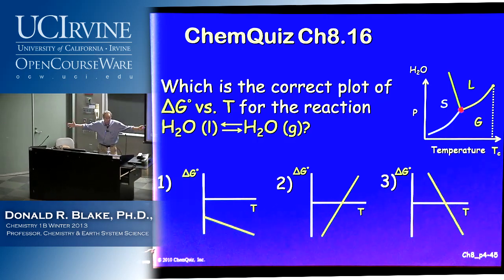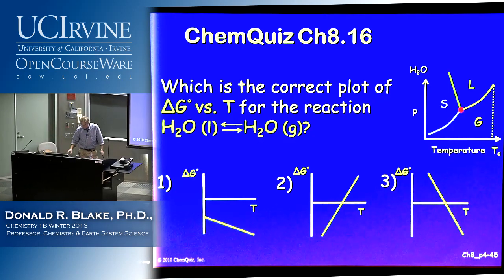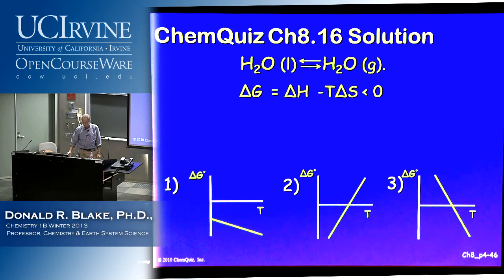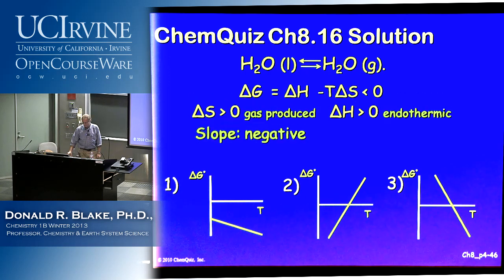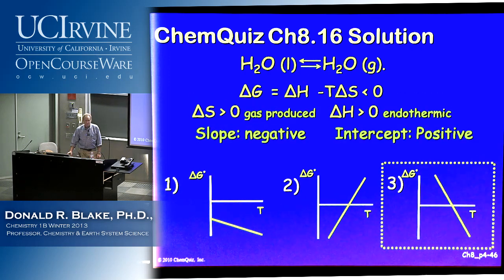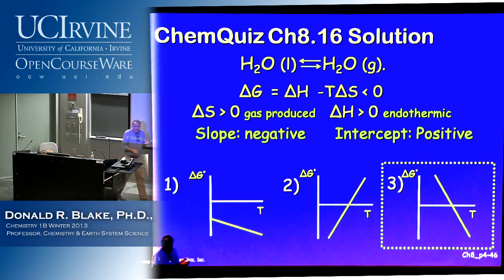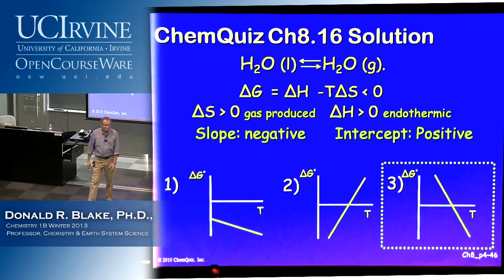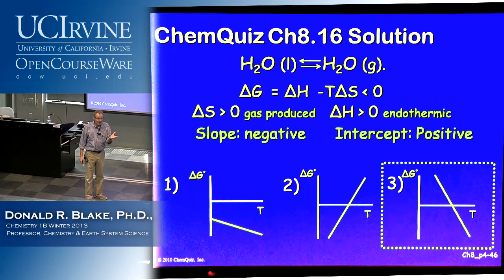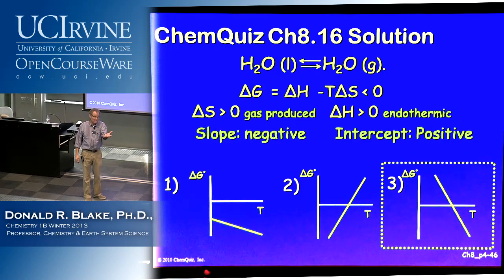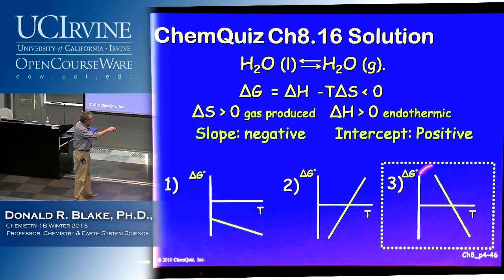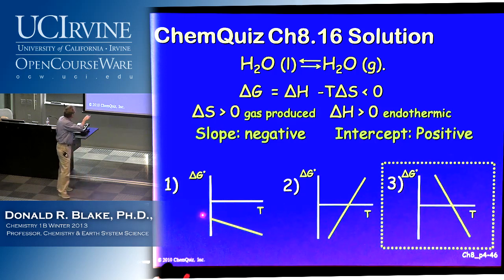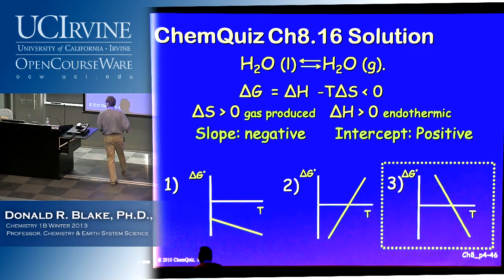It doesn't always want to boil. I can have water at 15 degrees, and it's got a positive delta G. It's not going to boil just sitting here. So that's how you knew that it had to have a delta G that was positive at some point. This one never has a delta G that's not negative.